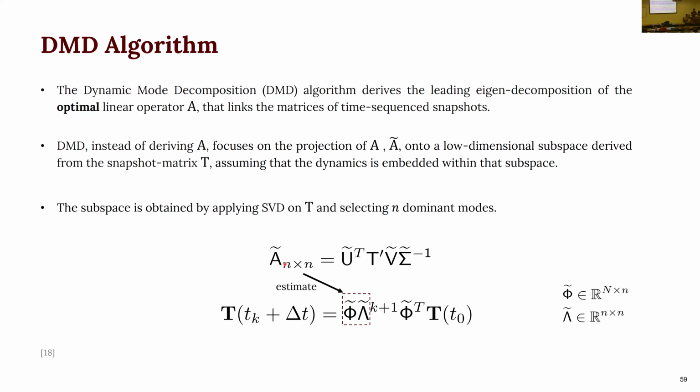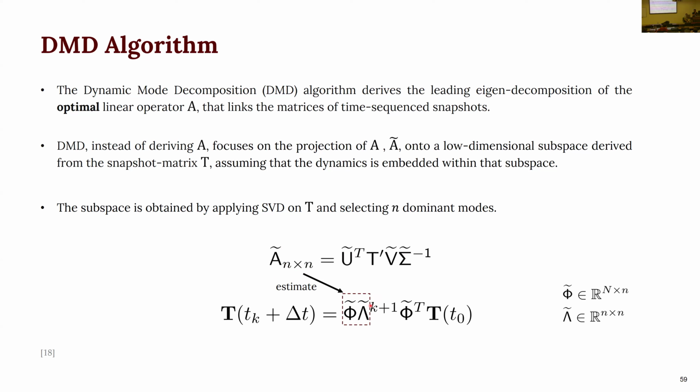Now we can use the eigenvalues and eigenvectors of A tilde to find phi tilde and lambda tilde.